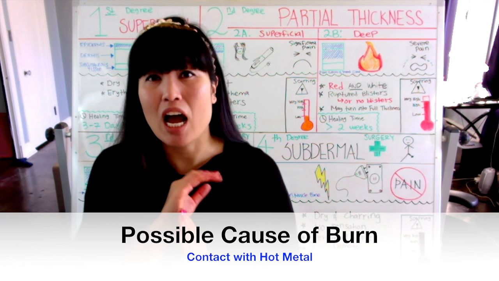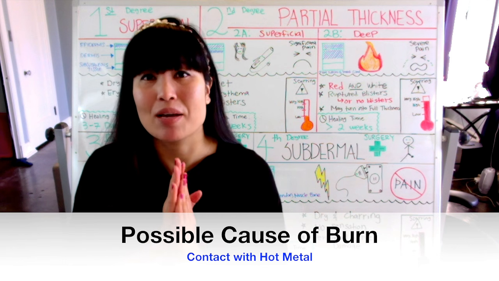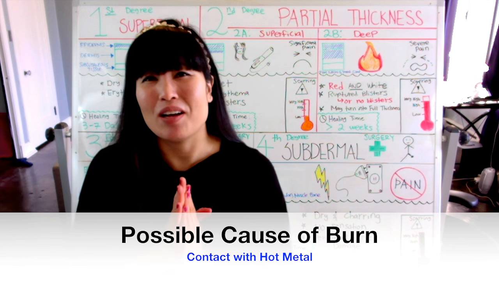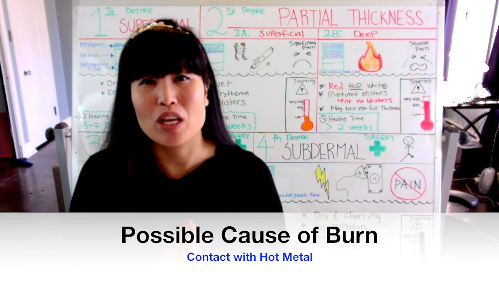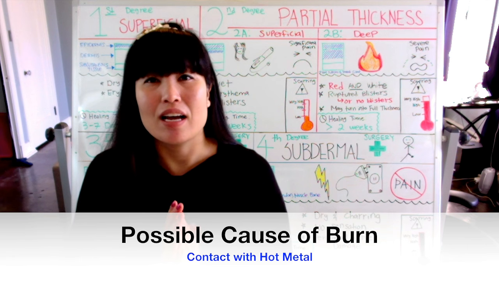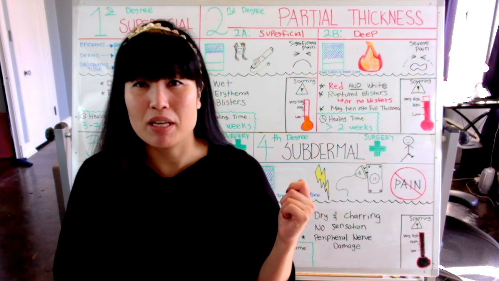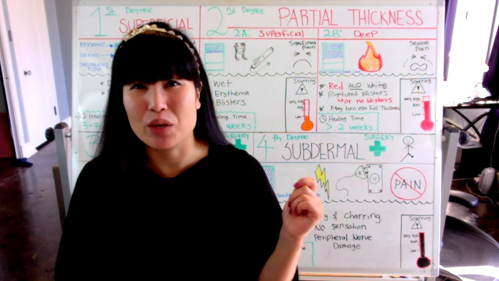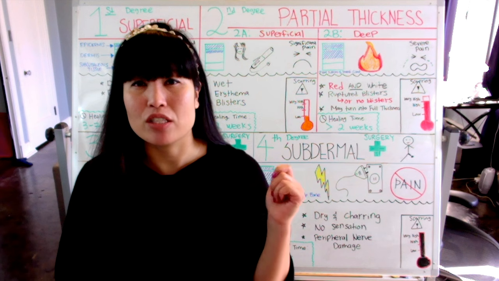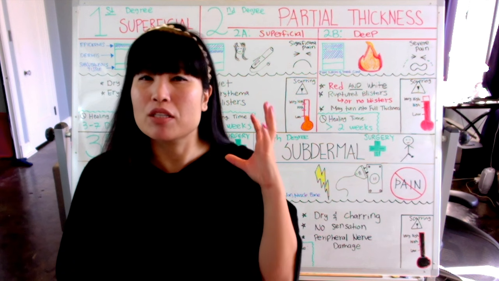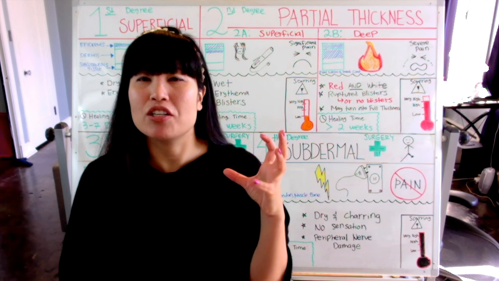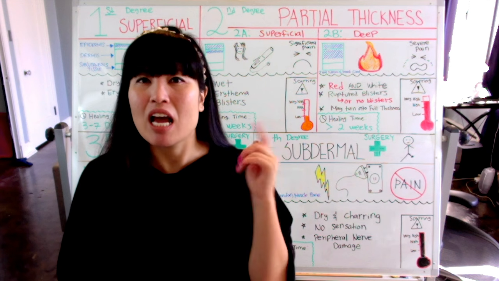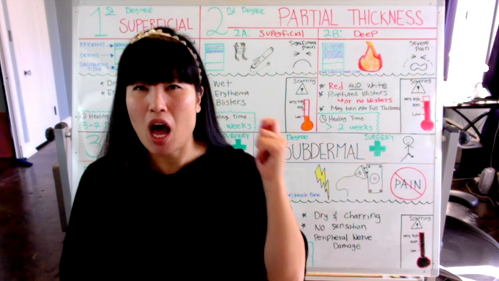So it's any contact with something like hot metal. So this is more serious than what you might get with a sunburn. You could have, like I mentioned, a severe sunburn or prolonged contact with hot liquid and get that second-degree superficial partial thickness burn. But to really help me visualize and understand this one in the clinical presentation, I like to remember this one with a hot metal.